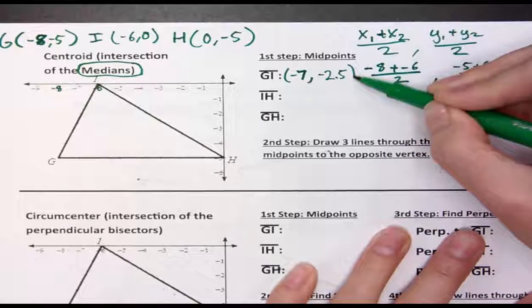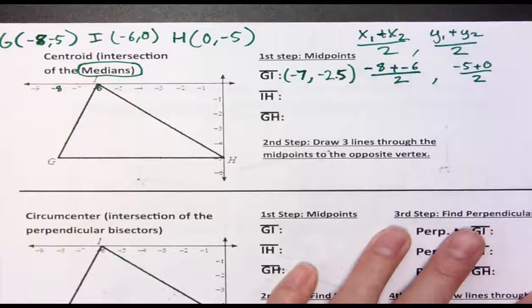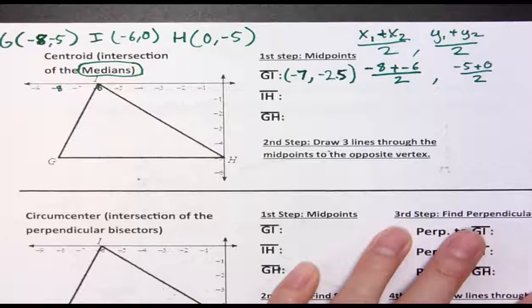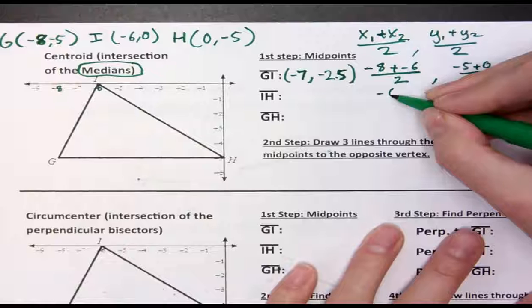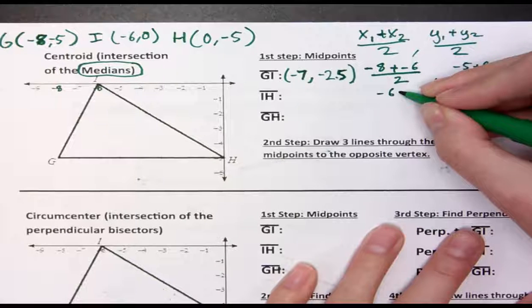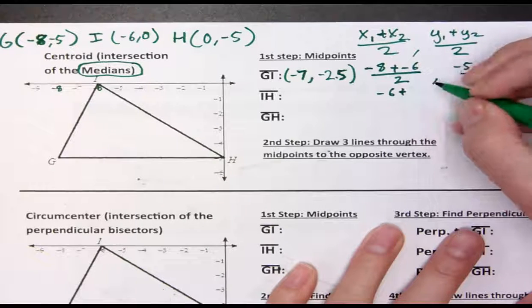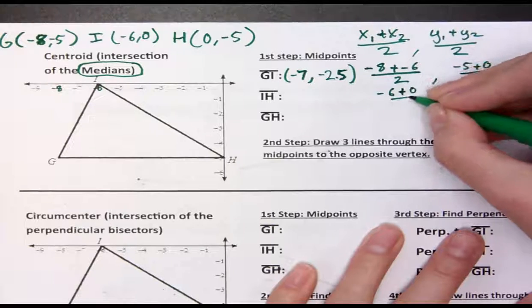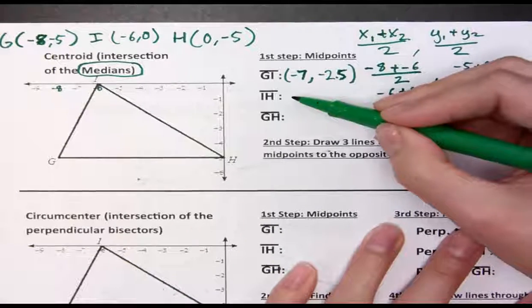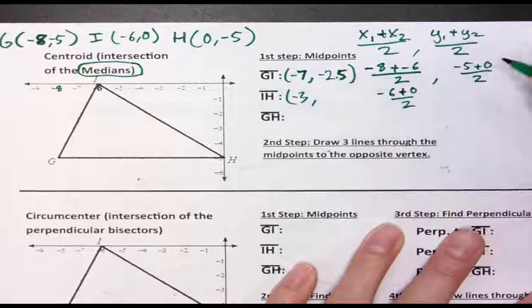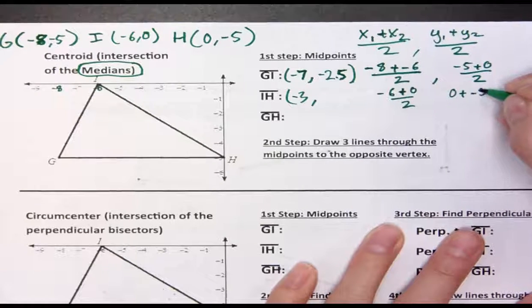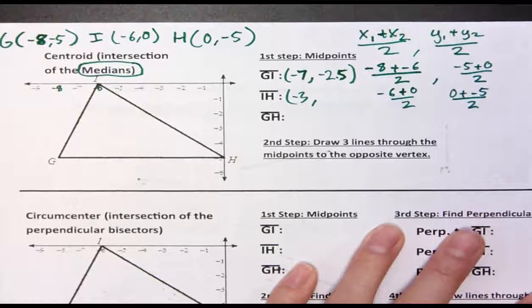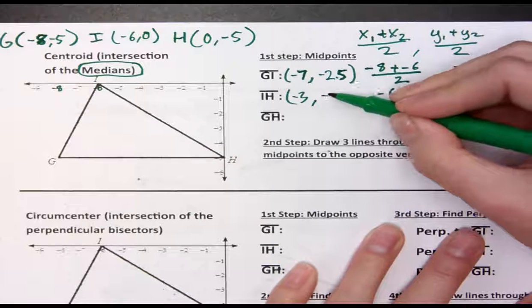You can do fractions or decimals, it doesn't matter. Then to find I to H, it's -6 plus 0 divided by 2, which gives us -3. And then 0 plus -5 divided by 2, which gives us -2.5.